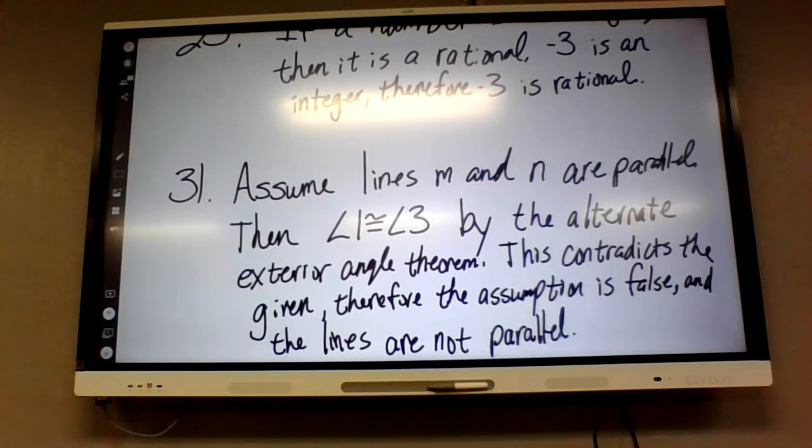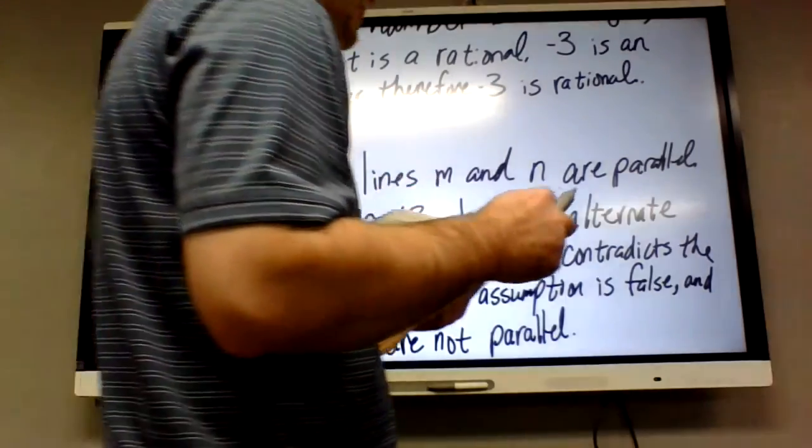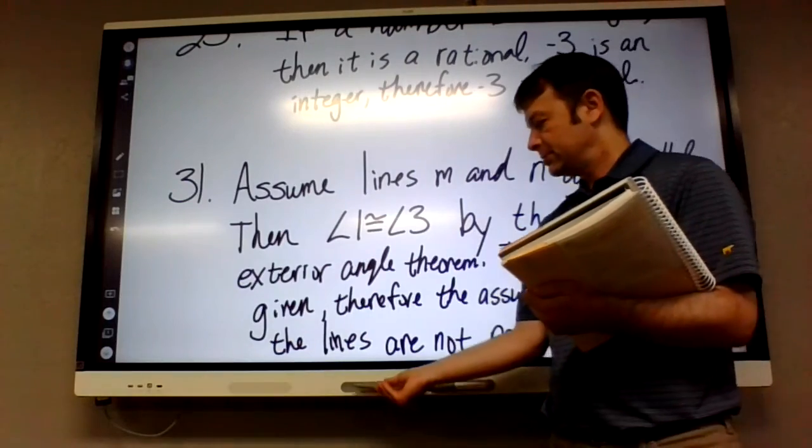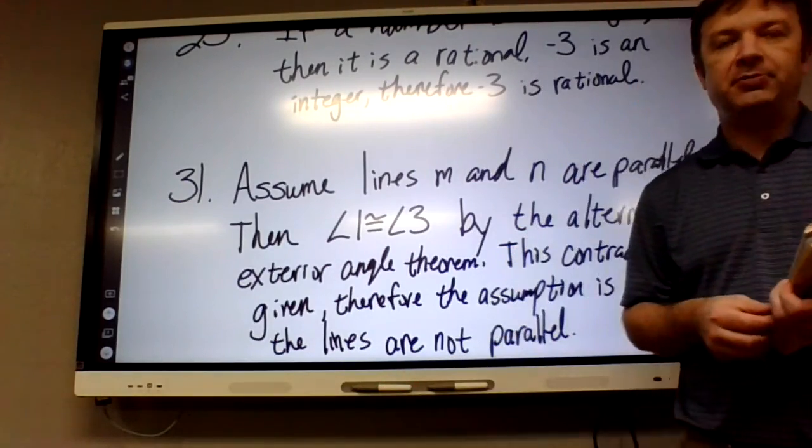So you assume it is a median, and then you argue until you show that, kind of like my example at the beginning, you give an argument until you get to show that the triangle is not scalene. And then that's your contradiction. You say therefore BD can't be median.